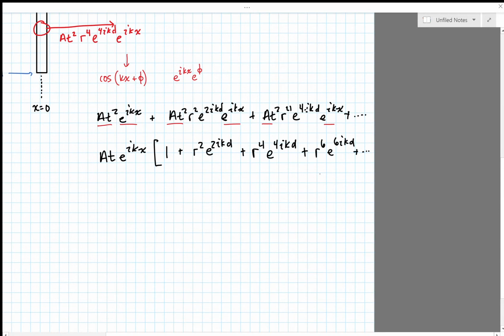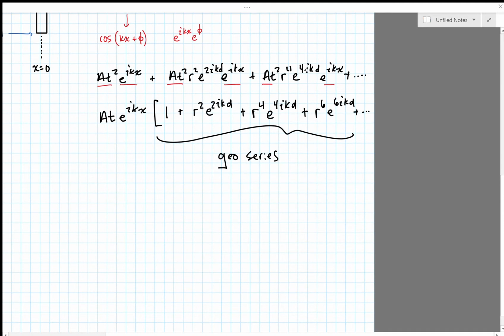And this part becomes my geometric series. The geometric series looks like this because it's an infinite number, so I'm going to say n equals 0 to infinity.